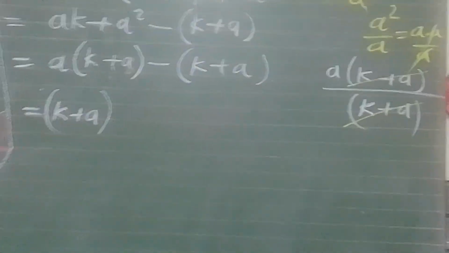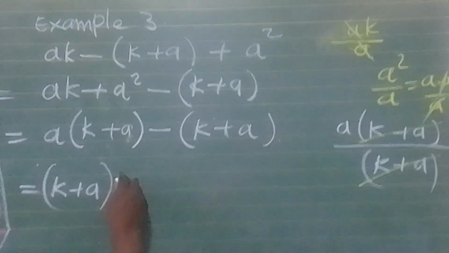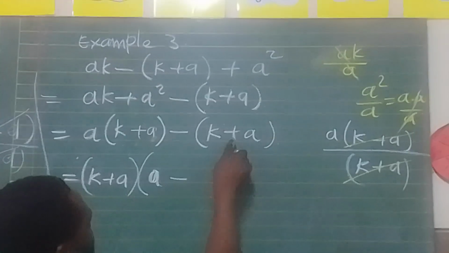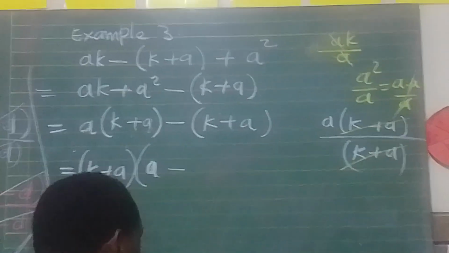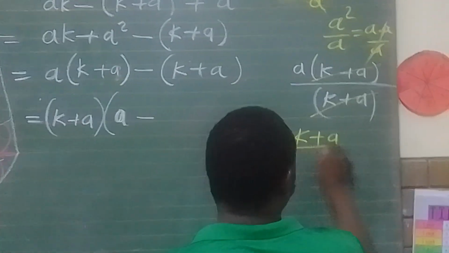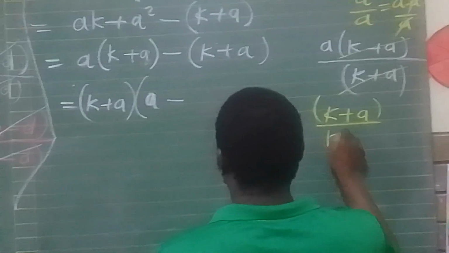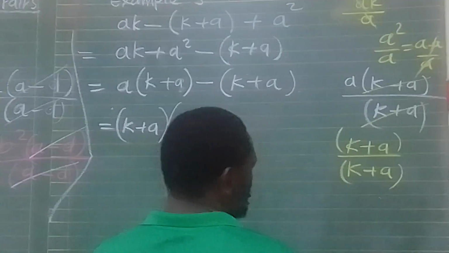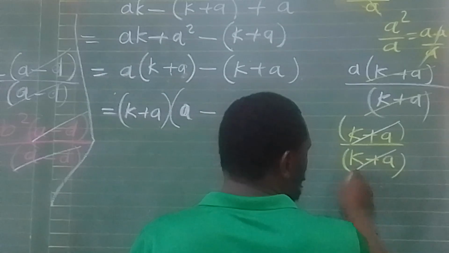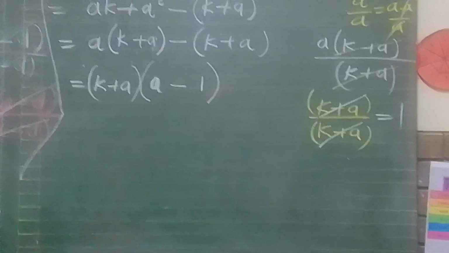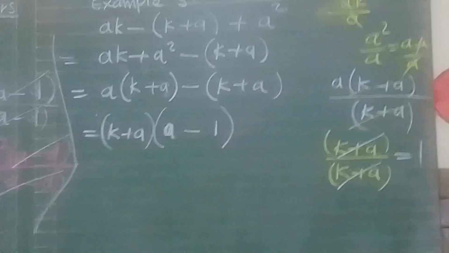You are left with a. Come here. You take a k plus a, you divide it by k plus a. See? Cancel. You are left with 1. This is how you do it.